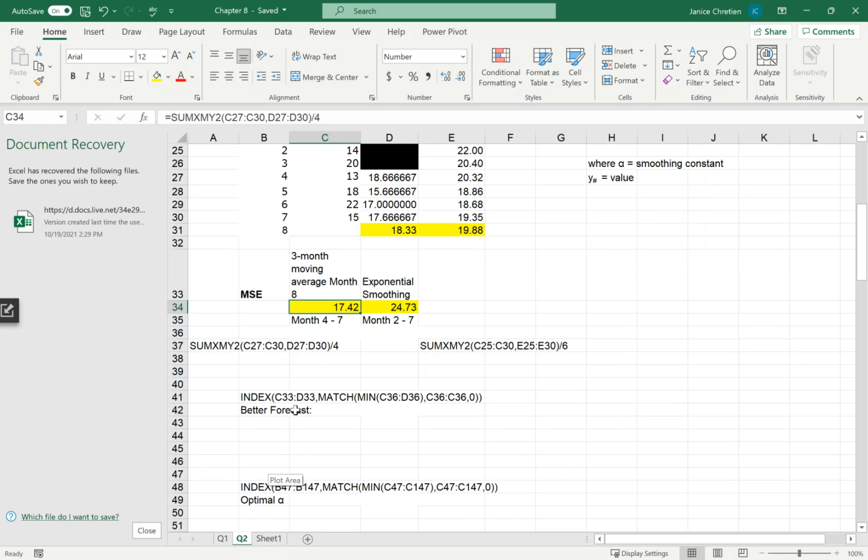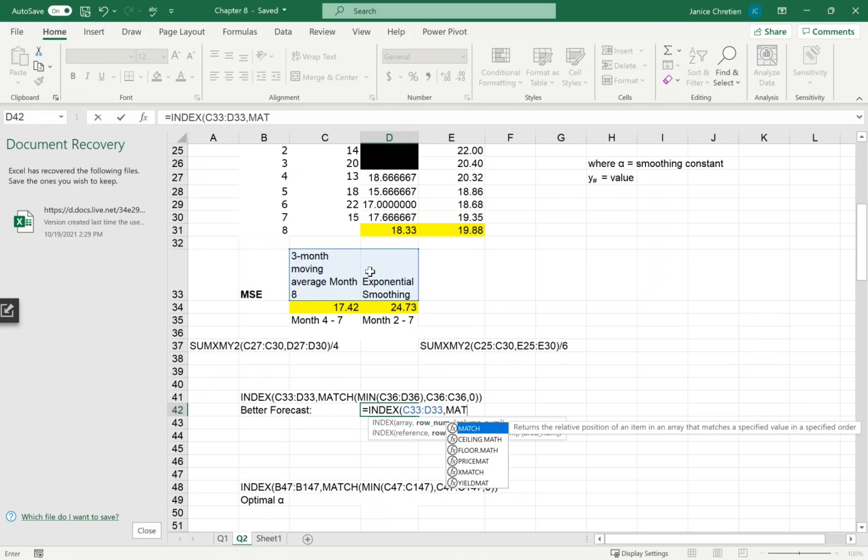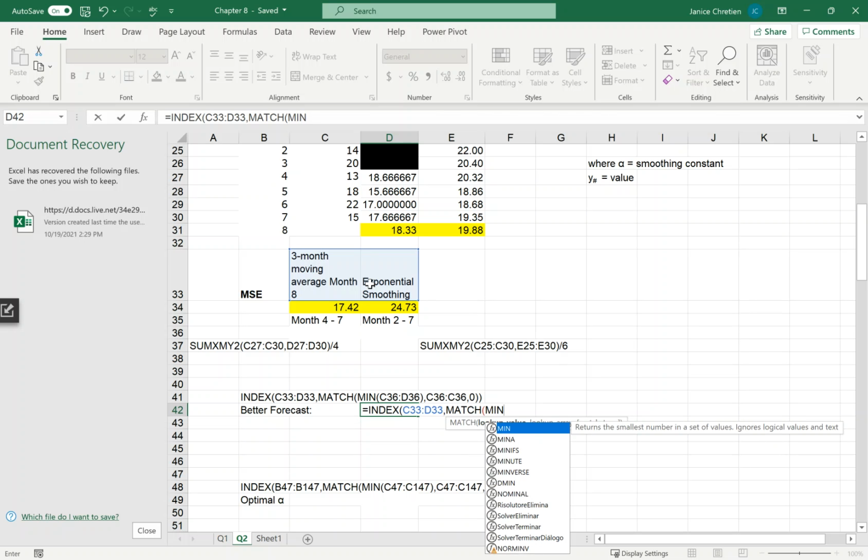I can do that with this formula. Index, C33 for me is the title. Remember when I told you give your box a title? So it's the titles, comma, match, min.